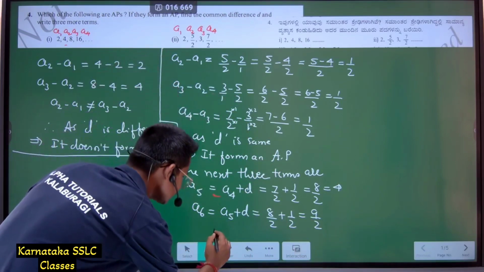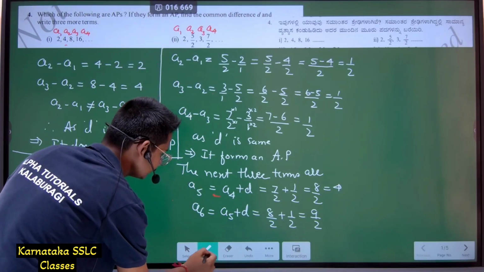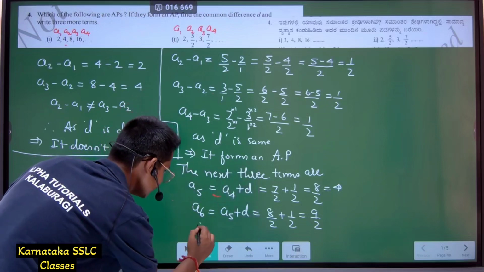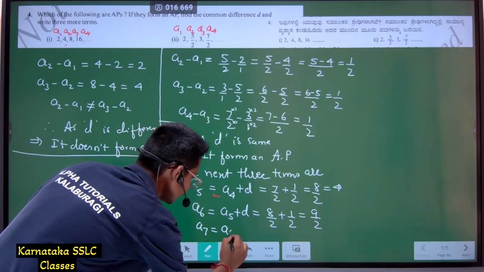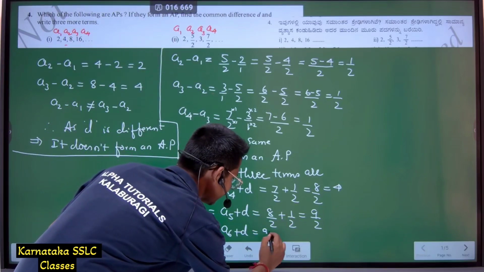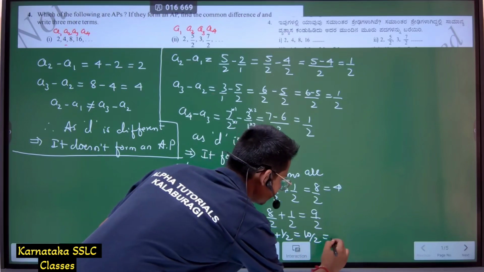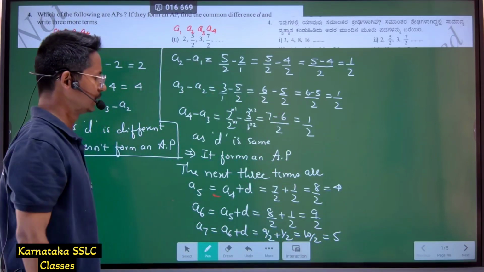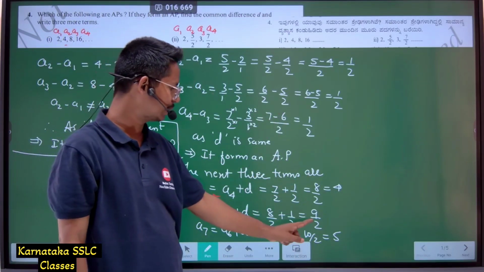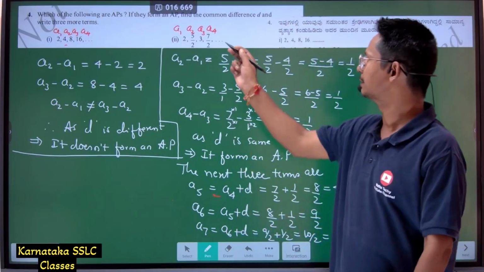Okay, last term, a7 equal to a6 plus D. What is a6? We have got 9 by 2 plus 1 by 2, so it is 10 by 2, nothing but 5. Okay, so 4, 9 by 2 and 5 are the next three terms for the given AP.